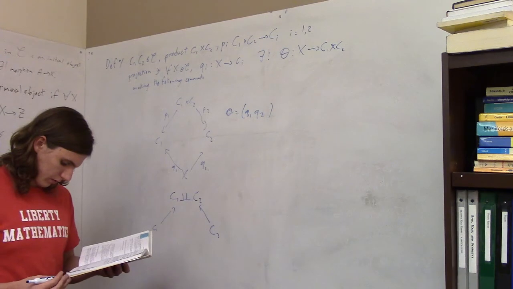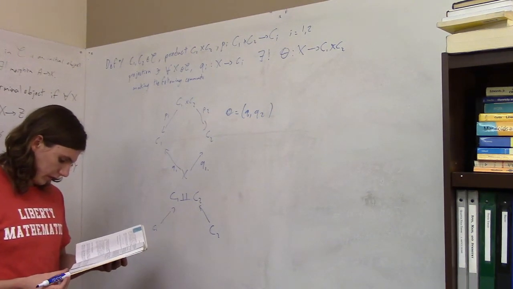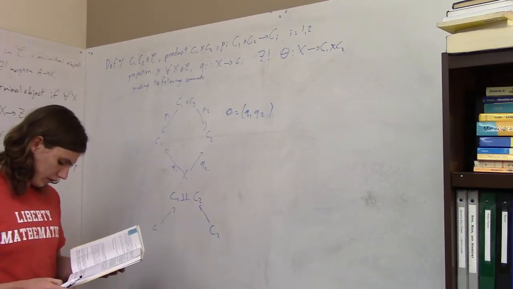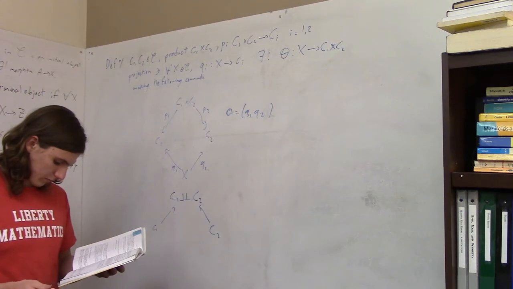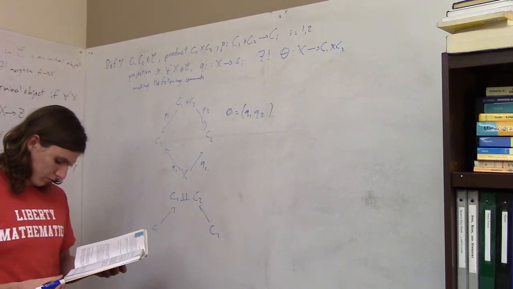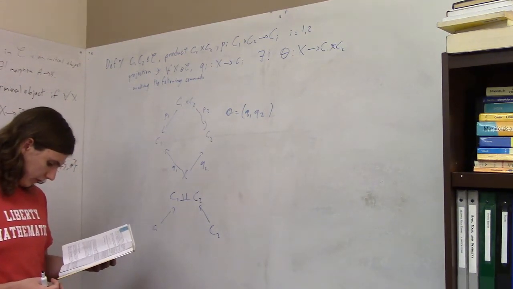So the diagonal maps X to X comma X in the product set. The diagonal map is a particular case of this construction. Kind of a boring one in this case.